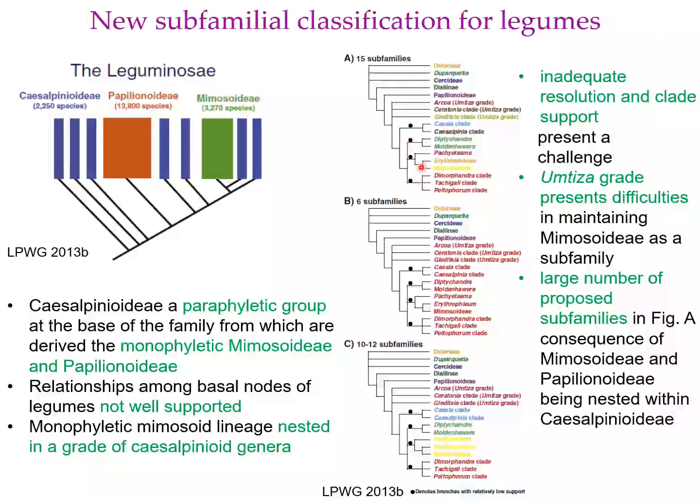In some parts of the tree there was inadequate resolution, and especially the Umtiza grade, which is very famous to legume researchers, is problematic and still remains problematic a little bit, but there is targeted research into this. And also a large number of families is not very user-friendly either. So if we were to all of a sudden go from 3 to 15 families, that is quite a big impact. So the 6 subfamily classification was the one that was most popular.